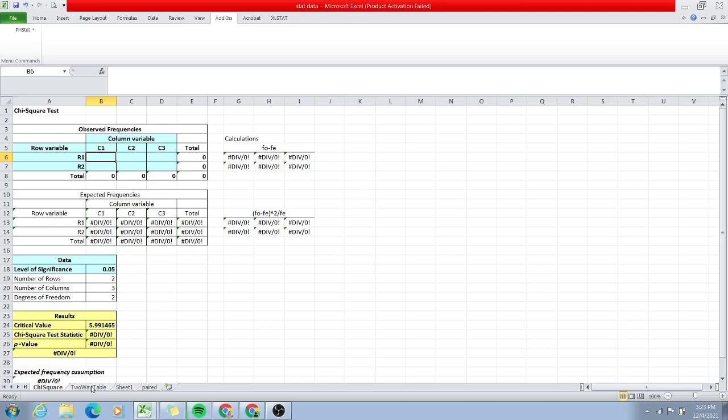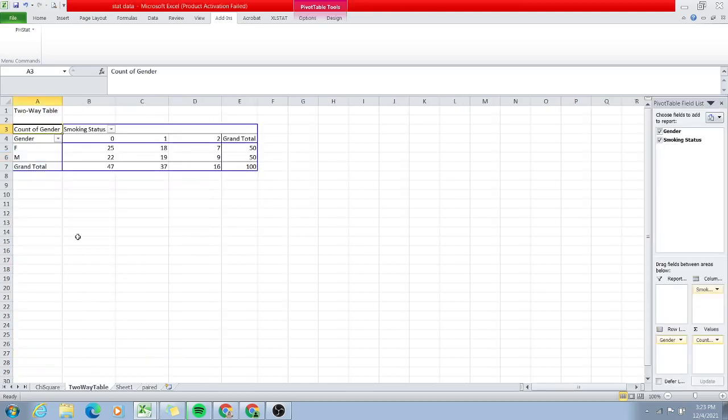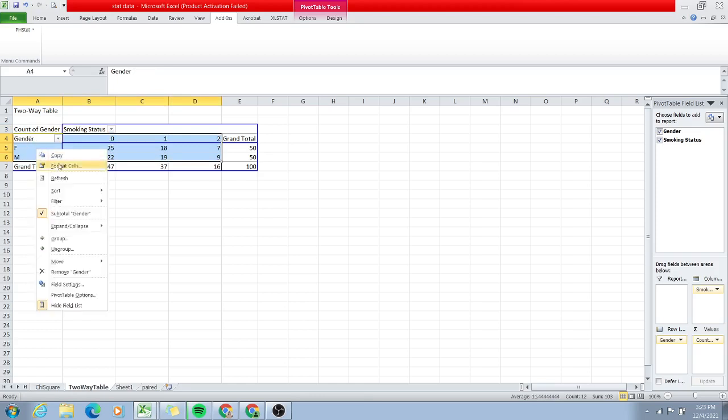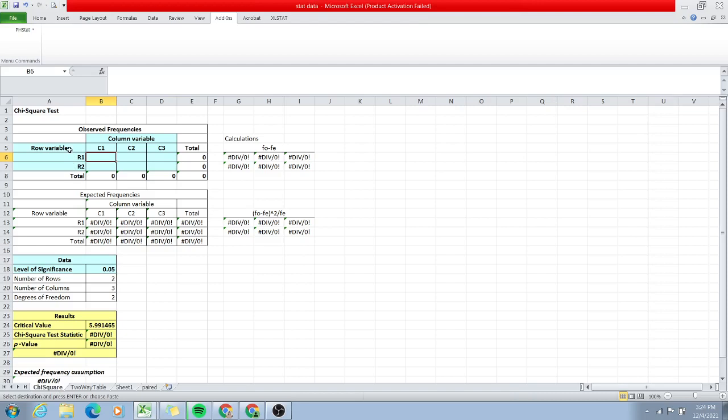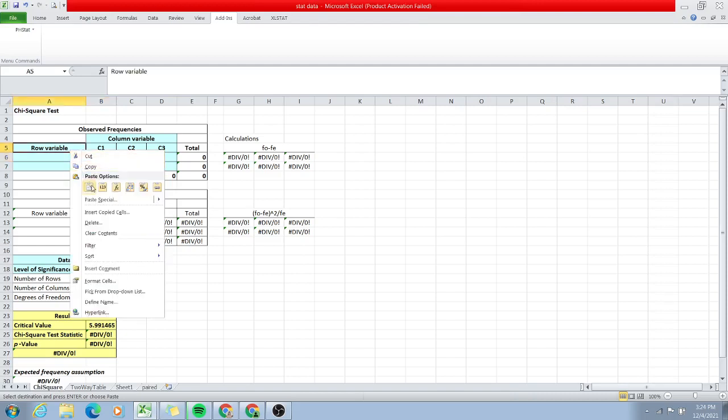Then click OK. So we have an empty contingency table. We must transfer our values, so go back to the two-way table sheet and copy the values in the contingency table. Paste the values in the chi-square table.